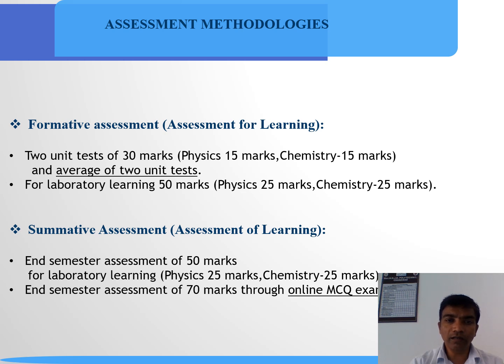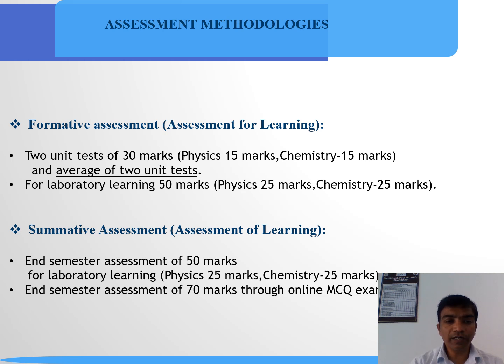In the final mark sheet you will see the average of the 2 unit tests included, that is, the average of the first and second unit tests. For laboratory learning you also have formative assessment of 25 marks for physics and 25 marks for chemistry.